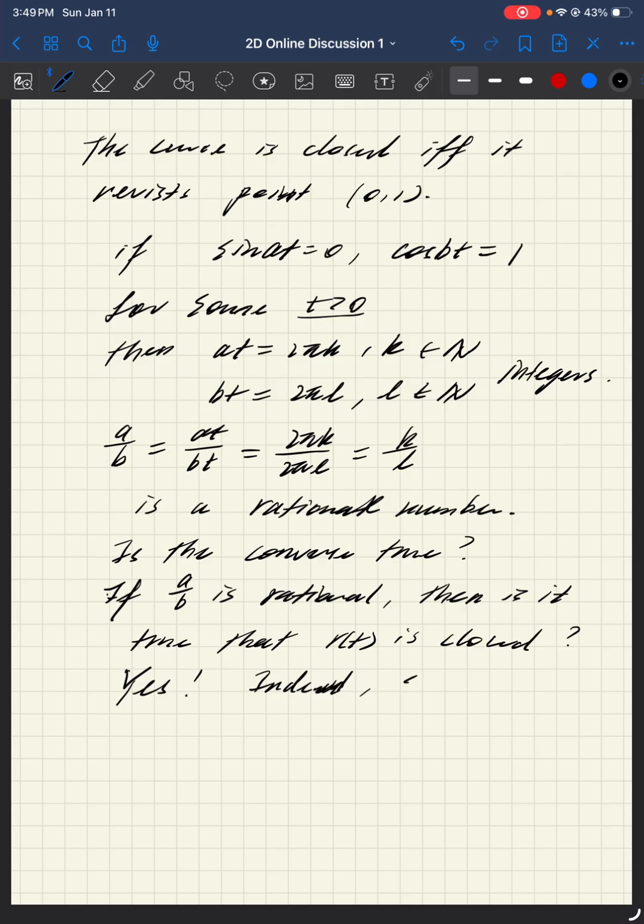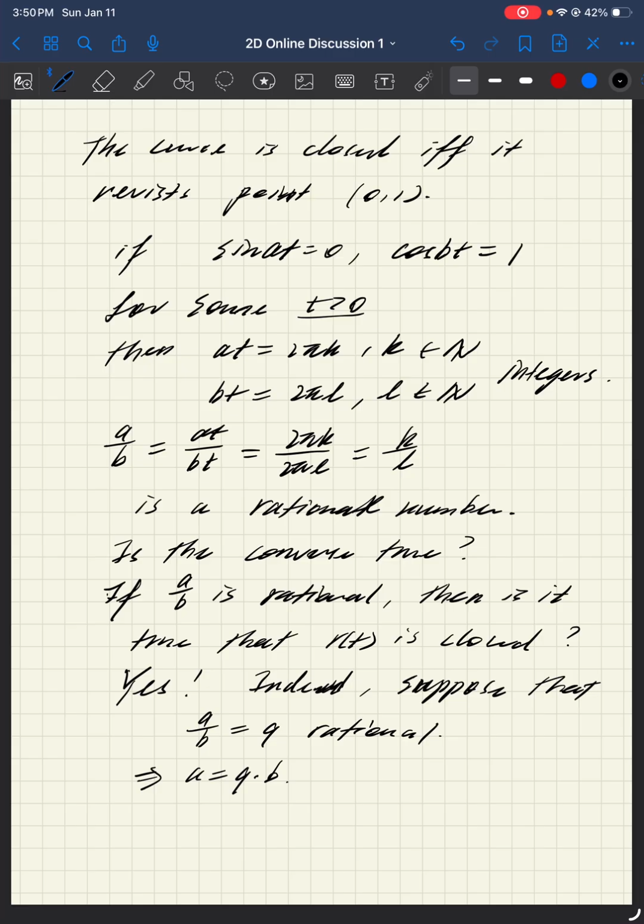So let's suppose that the ratio a over b is q, rational. So this means a is q times b.